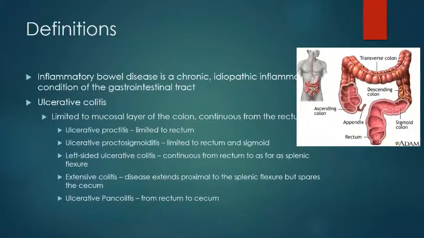So I think it's also important to talk about definitions that you might hear, since this is a very commonly outpatient disease, so some things we don't see on the wards during residency, like more limited ulcerative colitis. So first of all, ulcerative colitis versus Crohn's.